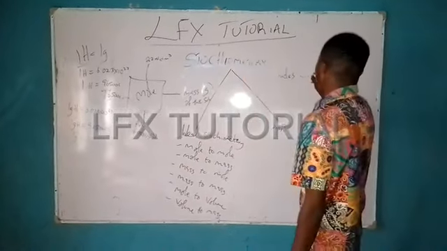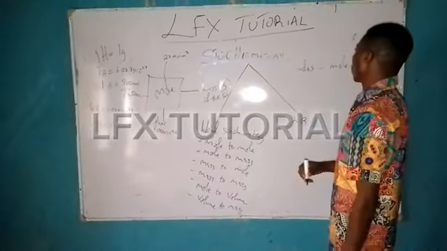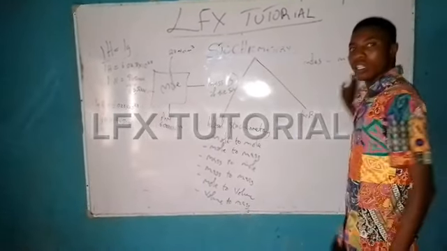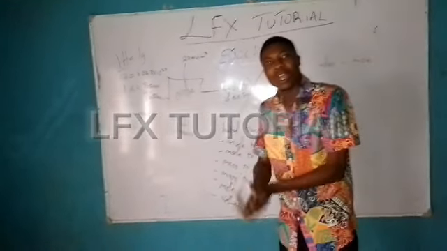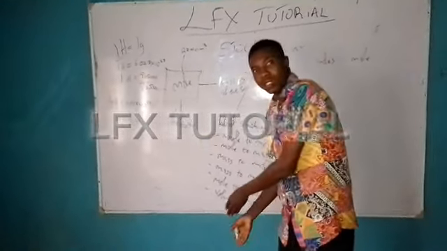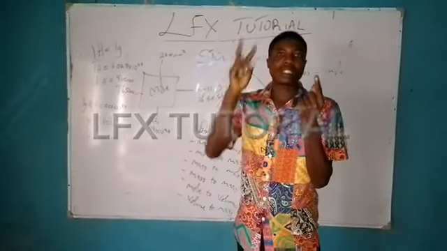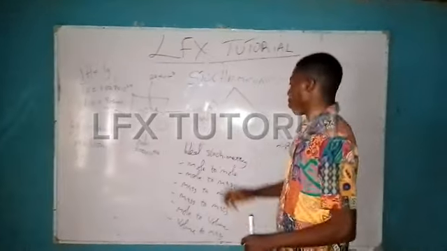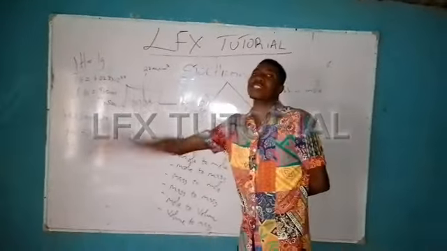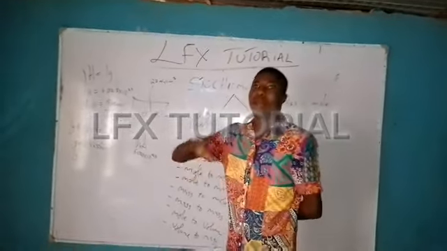What are they asking you? Mole to mole. How many moles of a substance are produced when some certain moles? Which type of stoichiometry is that? Mole to mole.